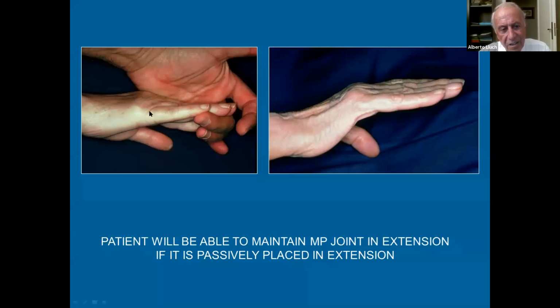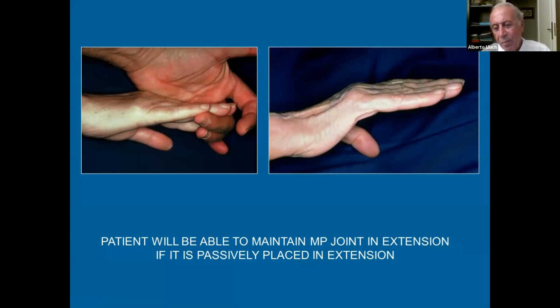But in the early stages, like in this case here, the patient himself will notice that putting the fingers in extension, holding the fingers on top of a table, or the surgeon putting the fingers in extension, and we ask the patient to hold them in extension, he will be able to maintain them in extension by contraction of the extensor tendons, because the ulnar sagittal band, which is elongated, will allow for the extensor tendon to be placed on top.